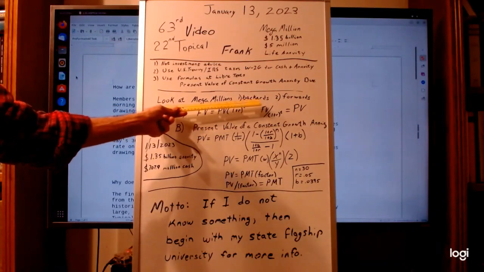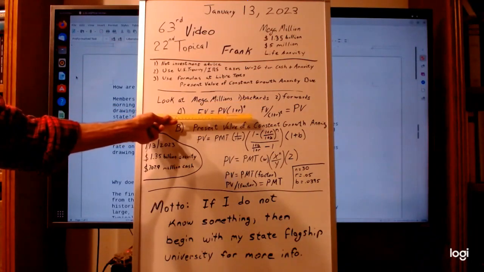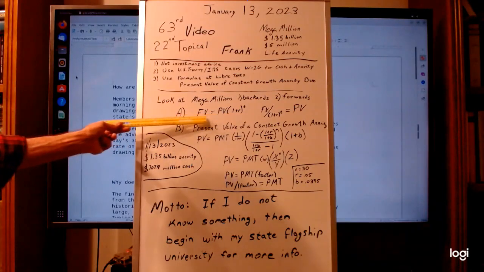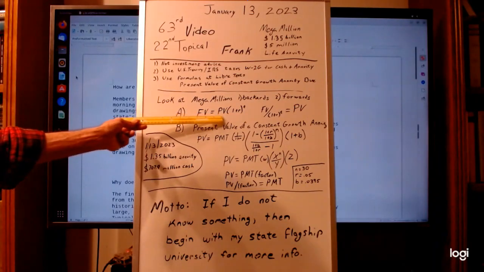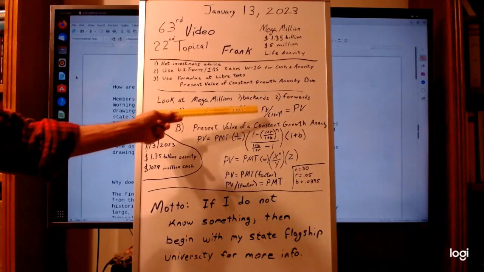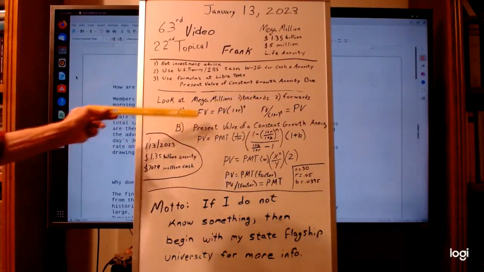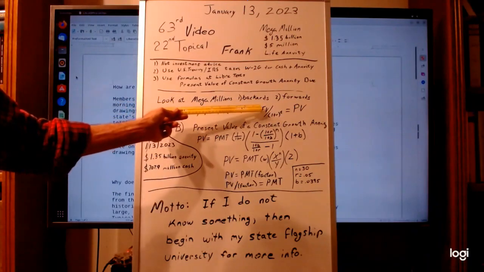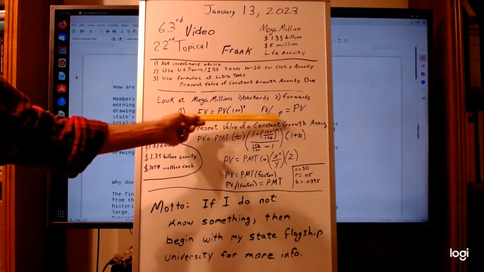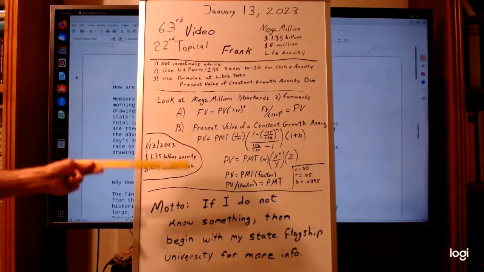When we calculate it backwards, all we need is just the compound interest formula. Future value equals the present value times the factor, and we can bring the factor over to the other side, and if we know the future value, divide it by the factor, and that's our present value.